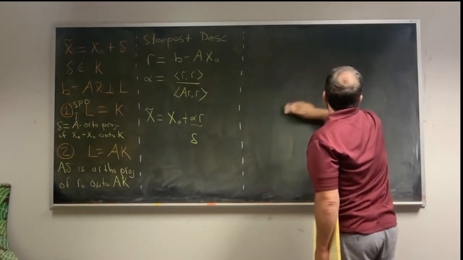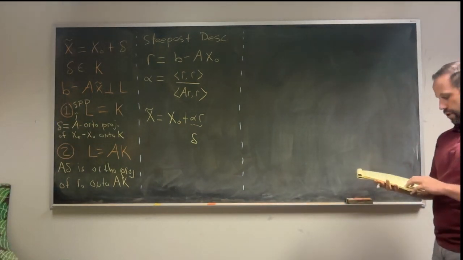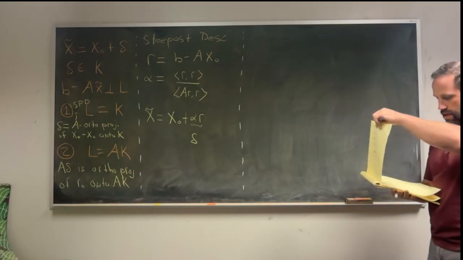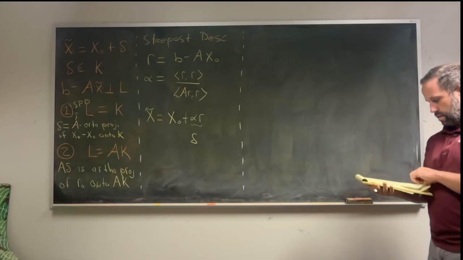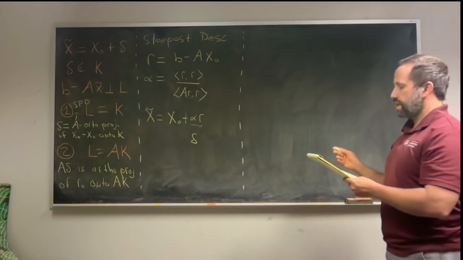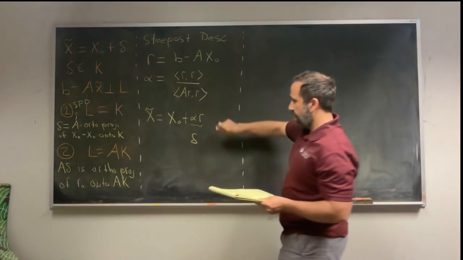So I'm going to tell you, but not prove to you, a theorem about the convergence of this method. But actually, before I do that, let me point out that this is what we're doing here.